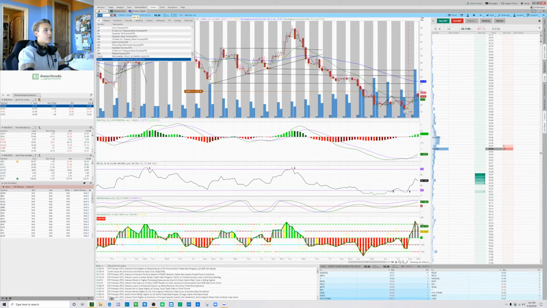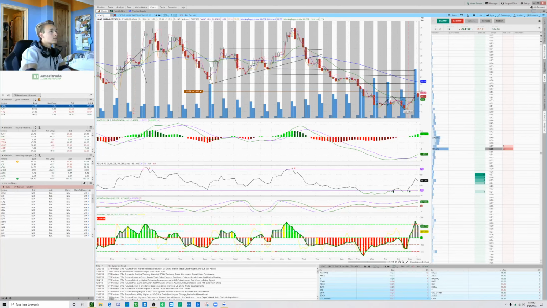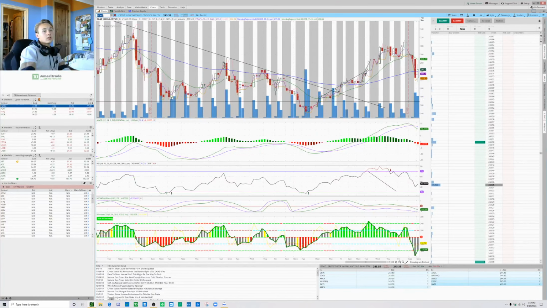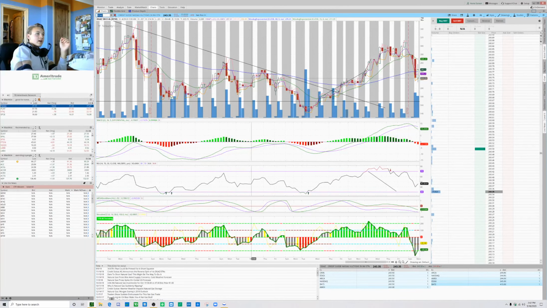So if it's a downward triangle, I'm going to go DGAZ. If it's a downward triangle, you can see here that it's a downward triangle.